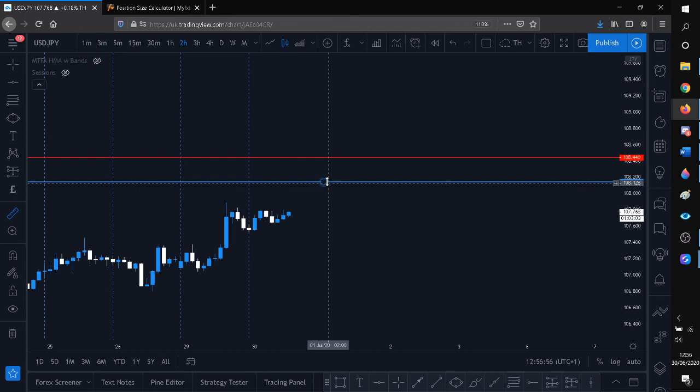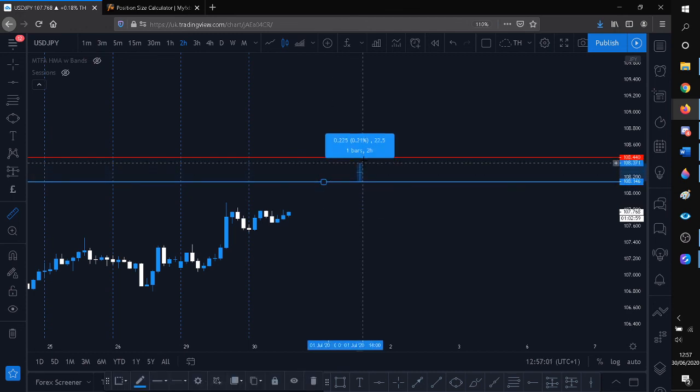You can use this going from one line to the next line, and that is pretty much showing you that that is a 30 pip stop loss. As you can see, the number at the top says 29.1, but it's pretty much a 30 pip stop loss.